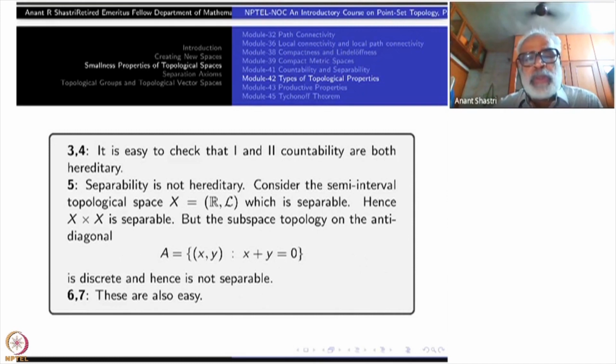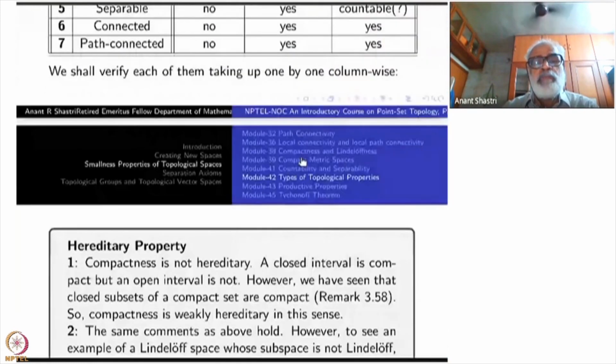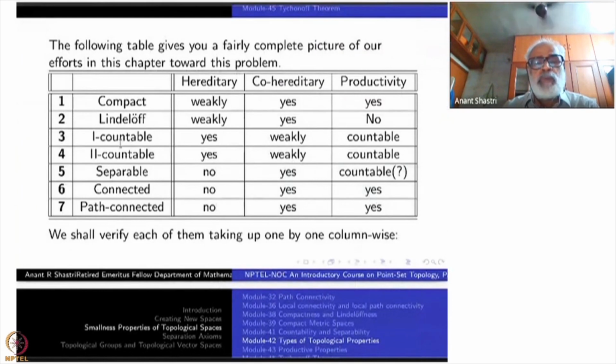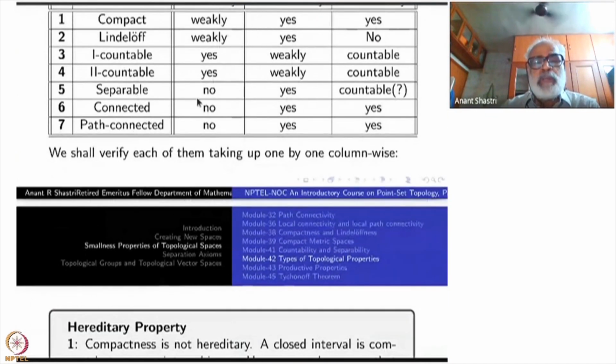Okay. So up till here we have seen that first countability and second countability are hereditary. Separability, connectivity, path connectivity, they are not hereditary. Connectivity and path connectivity you know already.